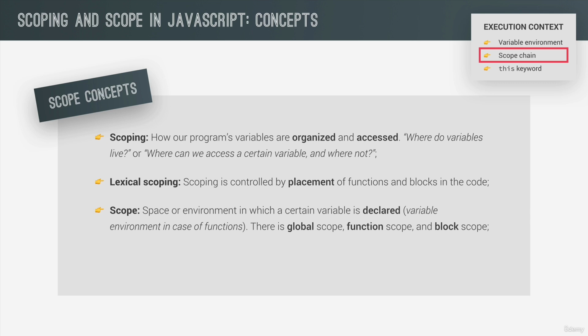Now in JavaScript, we have the global scope, function scope, and block scope. And we will talk about these in a second. But first, let's also define what the scope of a variable is. So the scope of a variable is basically the entire region of our code where a certain variable can be accessed. Now, some people use the word scope for all of this, but I like to define all these concepts in a clear way because there are actually subtle differences.